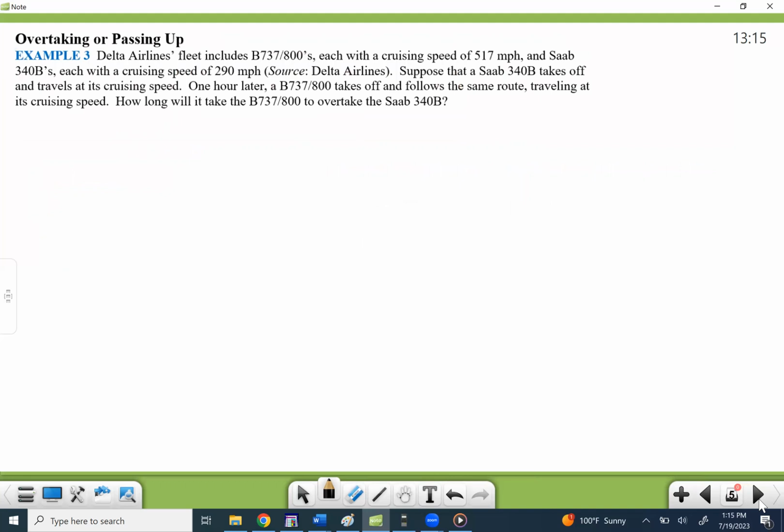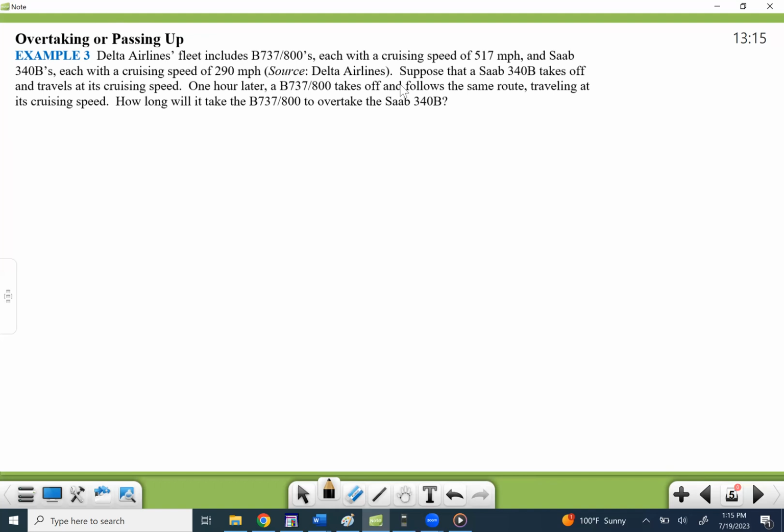So example 3. And guys, I don't have enough knowledge of airplanes. I'm probably going to read this stuff wrong and butcher it, but my math will be right. So forgive me on not knowing the airplanes and how to read their names. All right, it says Delta Airlines fleet includes B737-800s, each with a cruising speed of 517 miles per hour, and Saab 340Bs, each with a cruising speed of 290 miles per hour.